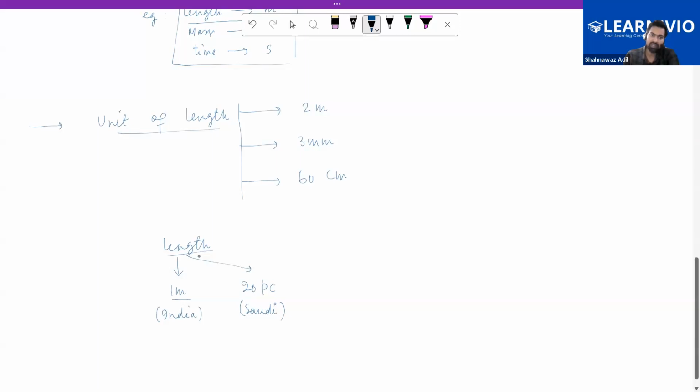And let's say one other person, who is living in South Africa, is writing this 1 meter as 40 PM, whatever, let's say picometer or whatever this thing is. So he is representing this length in some different units.